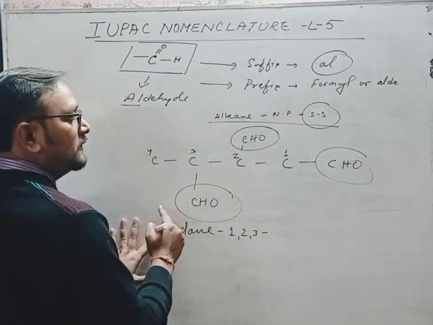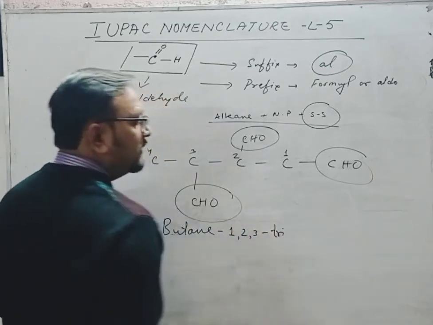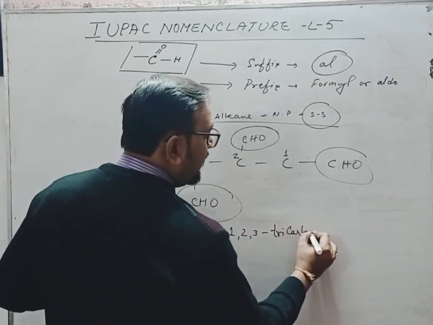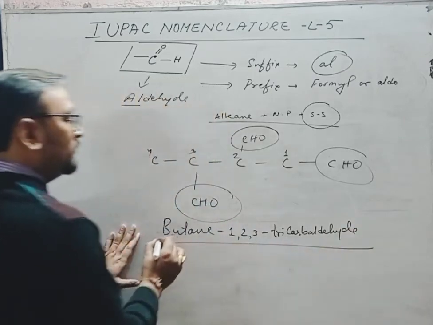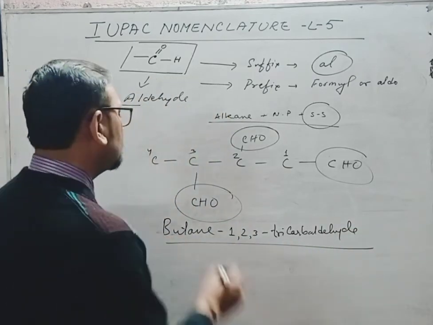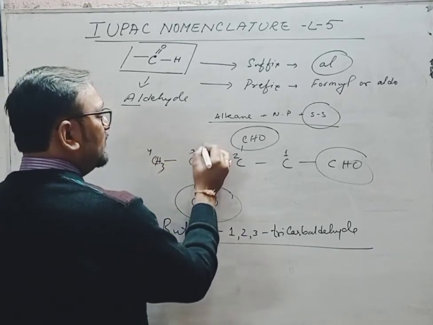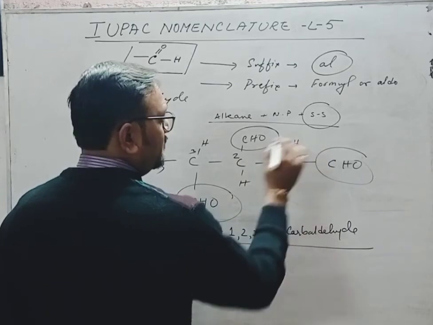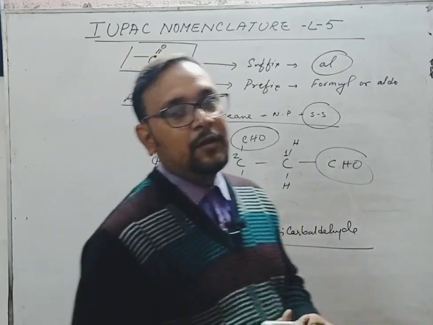Then what is the numerical prefix here? Tri. Now what is the special suffix? Yes, carbaldehyde. That's it. If you can do this, you are done. Okay, so we are done with the naming of this compound.